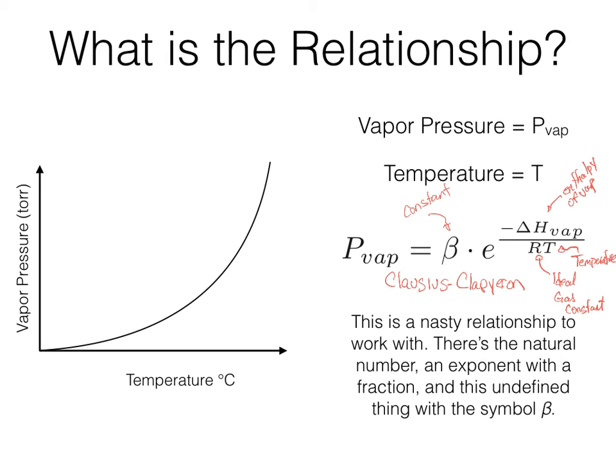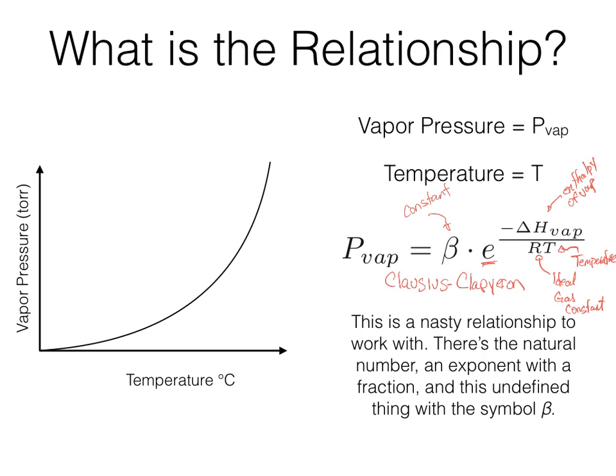Okay, so this is a very nasty relationship to work with. There's the natural number e, there's an exponential with a fraction, and there's this undefined thing with the symbol beta.